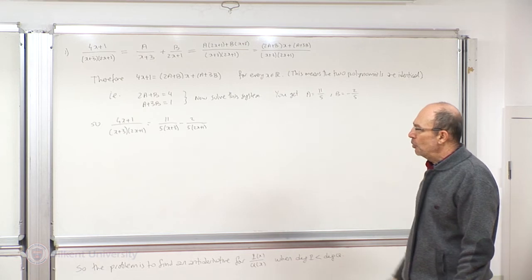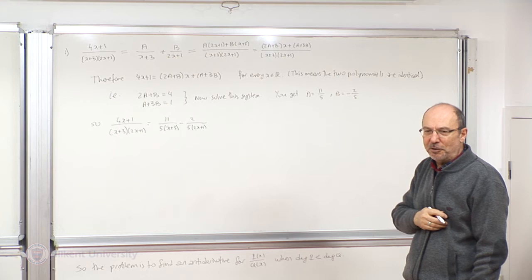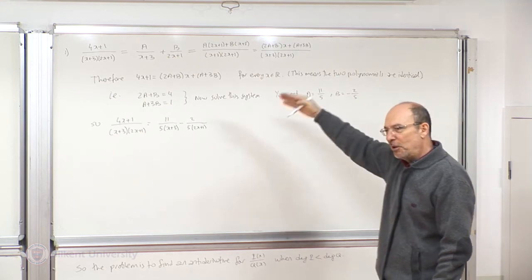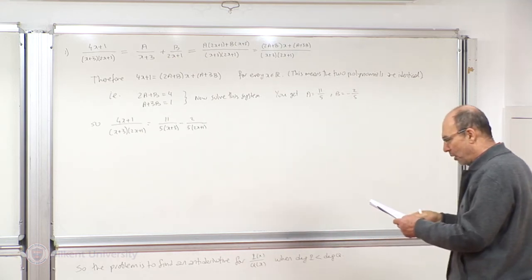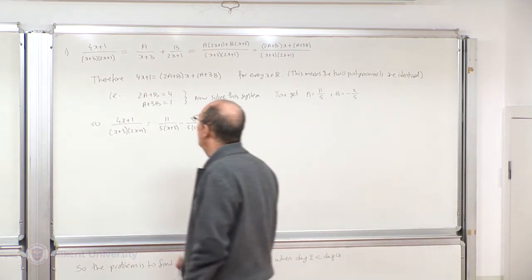Well, if you are using software, you don't generally do that. You give this to a computer and say integrate it, and you get the answer. But in between, this is what the computer is doing. So why did we do this? We want to integrate this.